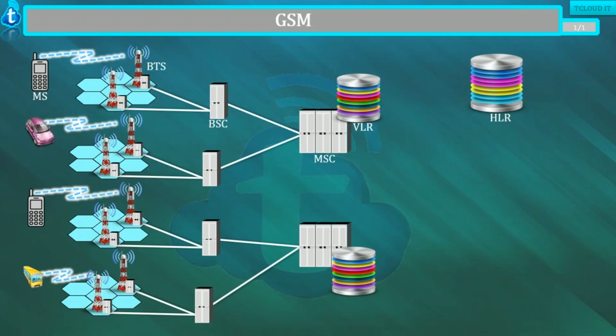But the operator is not directly storing the details into MSC VLR; the operator is directly storing the details into HLR. The subscriber information is stored into HLR, only one permanent database. So whenever any user tries to register with the MSC VLR, these guys will quickly go and consult the HLR, bring that subscriber information and keep it with them as a copy.